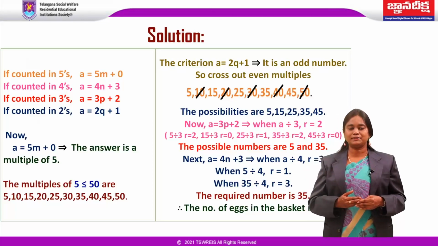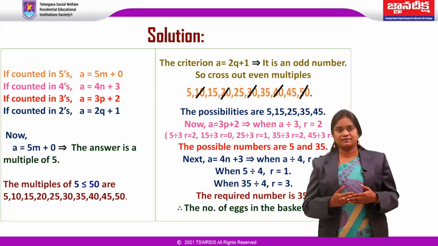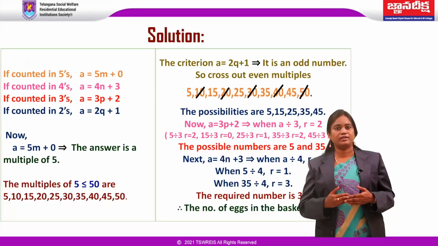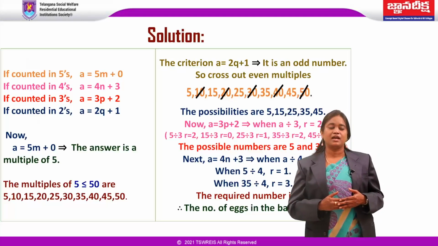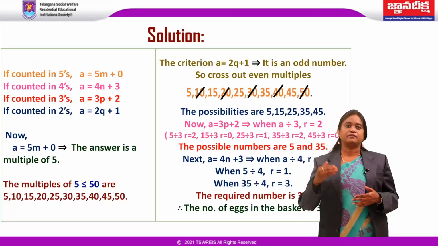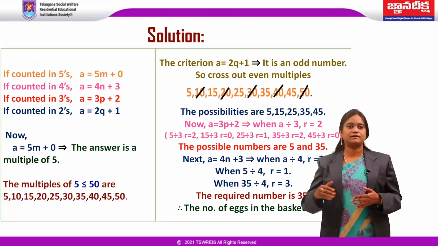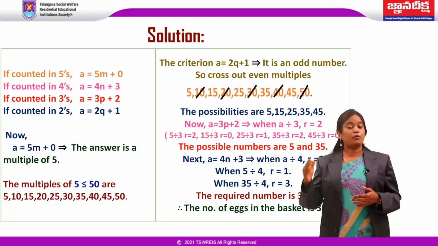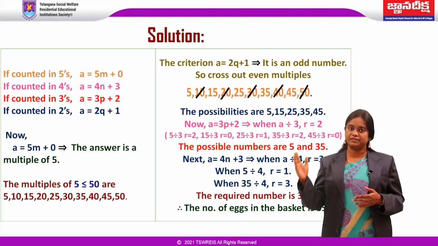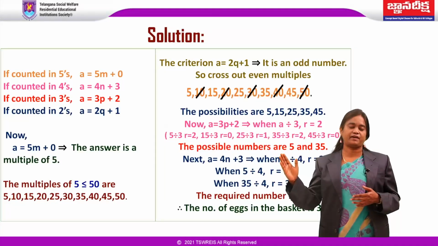Yes, odd numbers. So children, we got another clue that the answer must be an odd number. So let's cross out the even multiples of 5, as we must consider odd multiples only. So the possibilities are 5, 15, 25, 35 or 45.